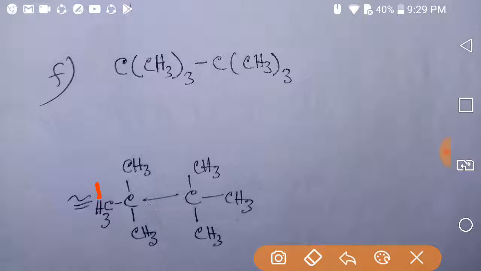If I number from left to right, then we're getting 4, right? And if we number from this side, then 1, 2, 3, 4, right?